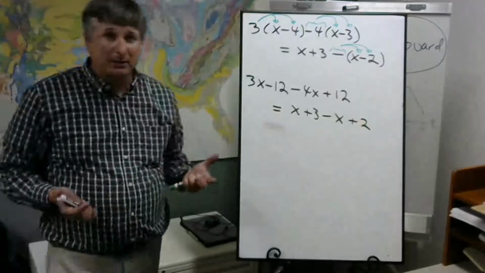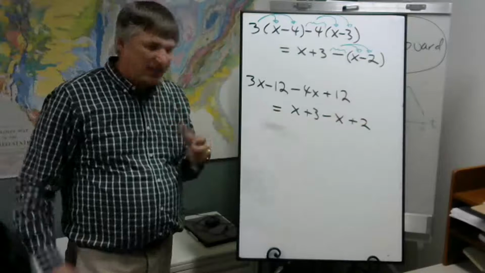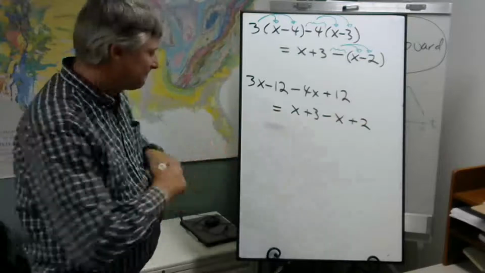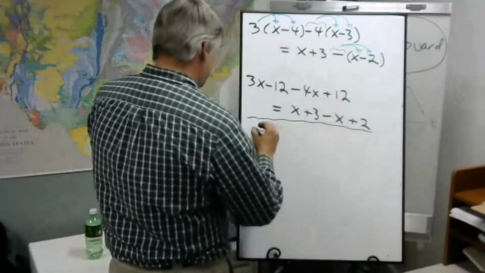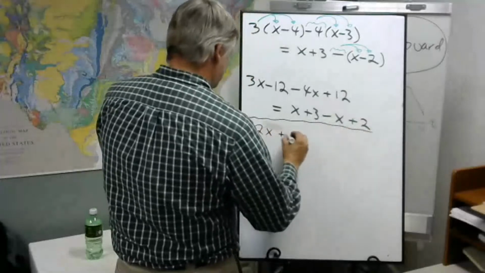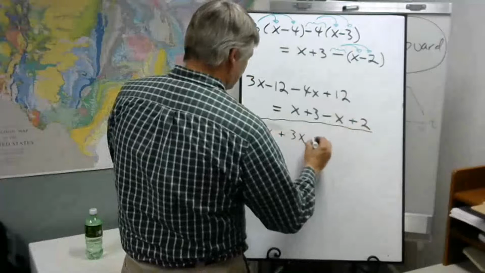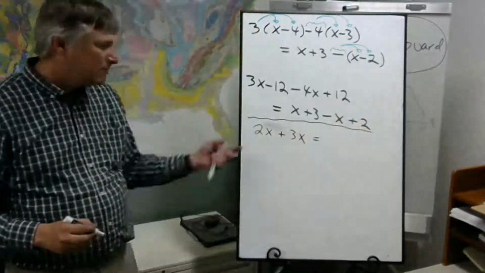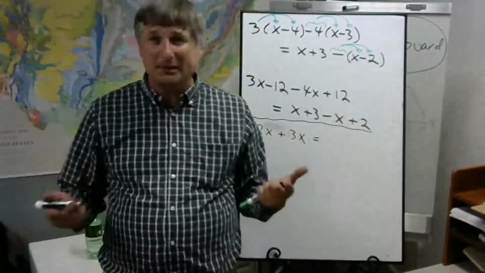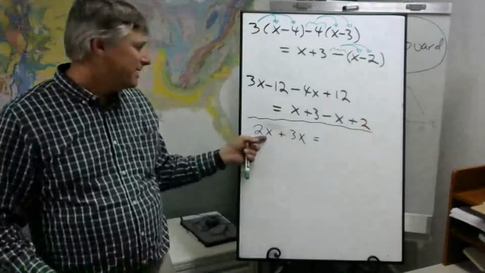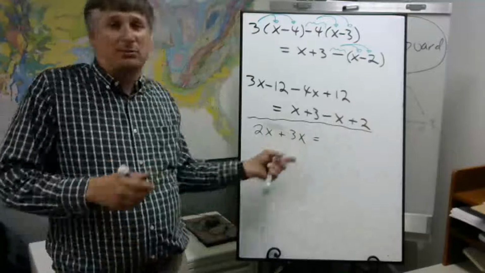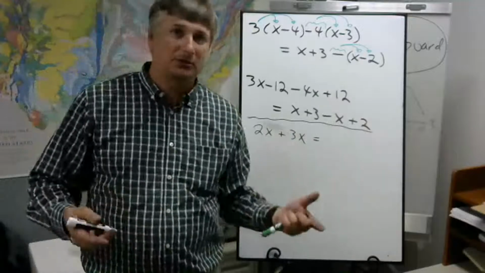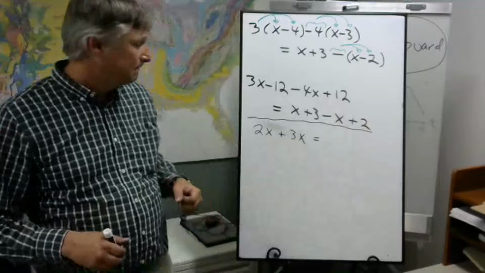Well, now we're going to combine like terms. And like terms works kind of like this. We'll take a little break here. 2x plus 3x. Well, remember, multiplication is just repeated addition. 2 times x means x plus x. 3 times x is x plus x plus x.